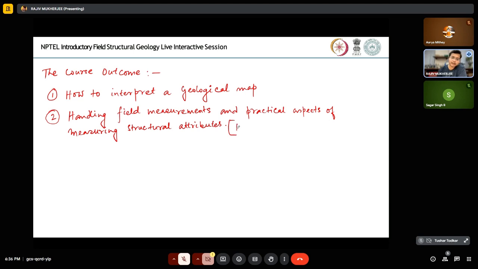especially the right hand rule. So this is very important because you see, measuring dip, strike, pitch, plunge, trend, whatever you have in your exposure, whatever structures you are trying to see, first of all, you get to look into the structure, what it is, and then you have to take measurements.